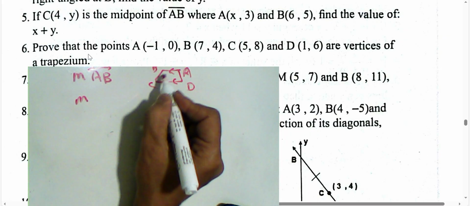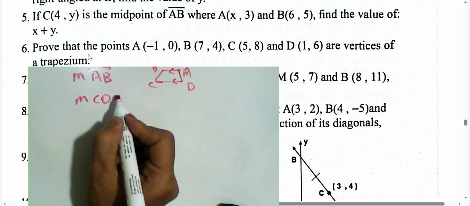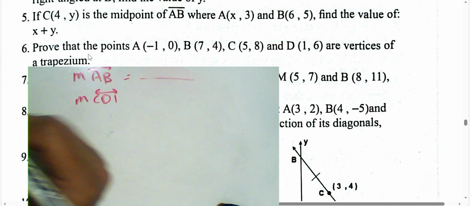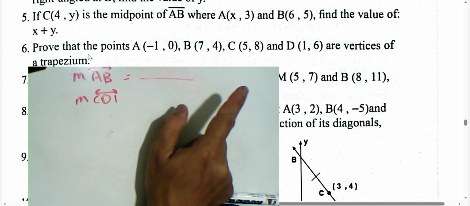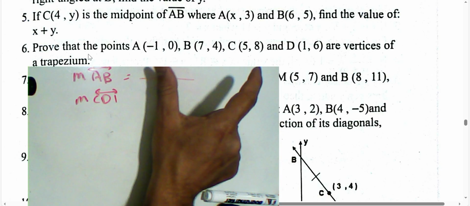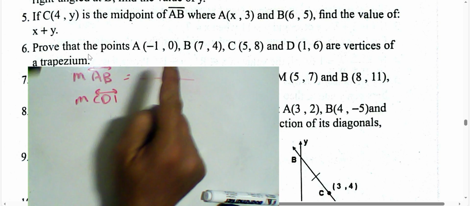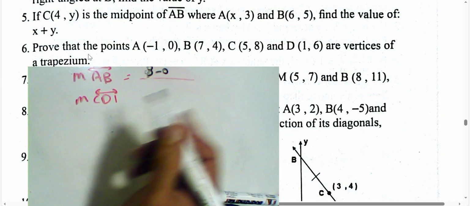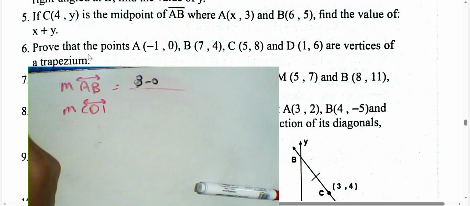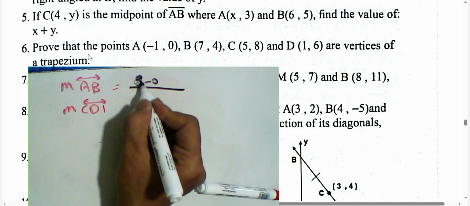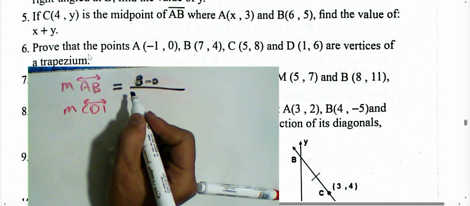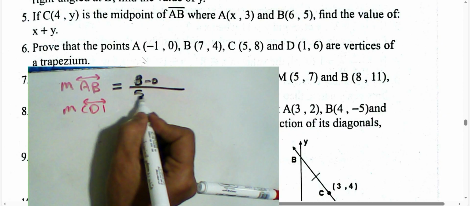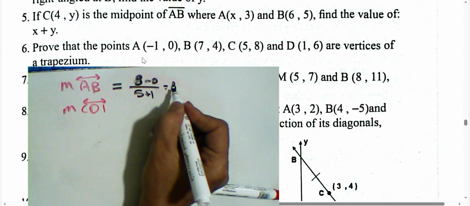I will write first AB and CD. Slope of AB is equivalent to y2 minus y1 over x2 minus x1. Look at A and B here. 8 minus 0 over 5 minus minus 1, 5 plus 1, that will be 8 over 6.